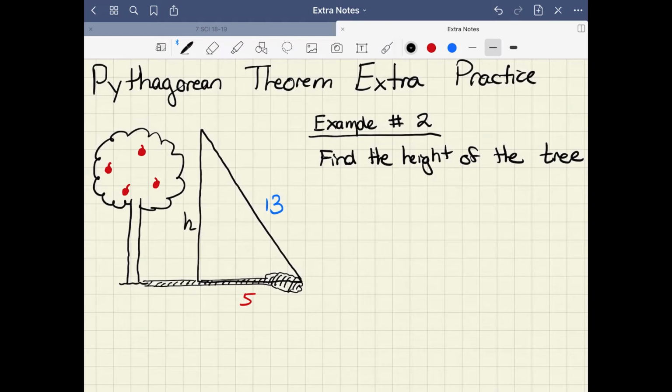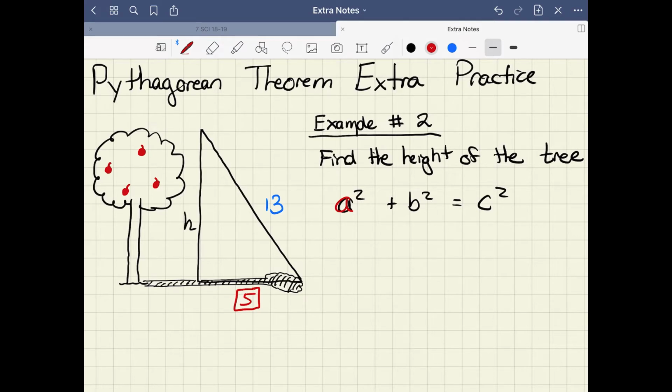First of all, we need to write our equation. A squared plus B squared equals C squared. Always start by writing your equation. Next, identify what values you know. So typically, A is going to be the smallest side.